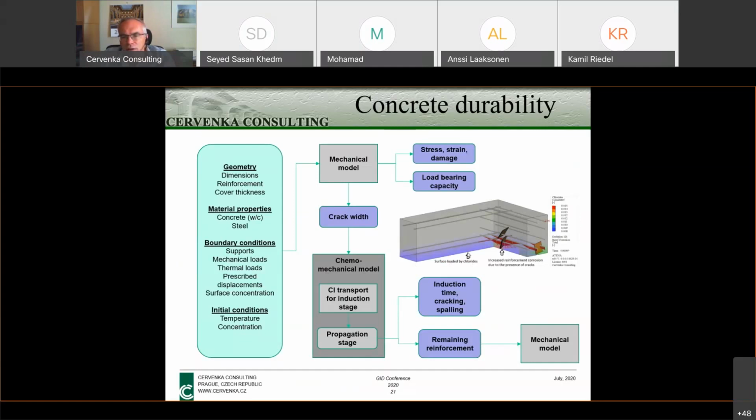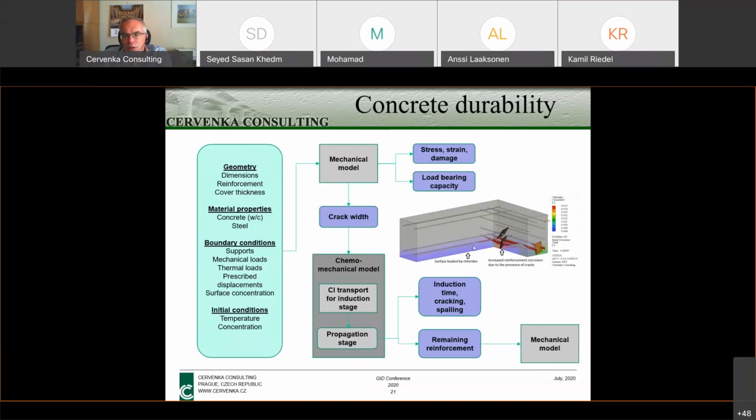It is defined as a condition on the surface, and because we know the location of each reinforcement bar, we can always determine the distance from this surface loaded by chloride. And we are using a one-dimensional diffusion model to simulate the propagation of these chlorides or carbonation.